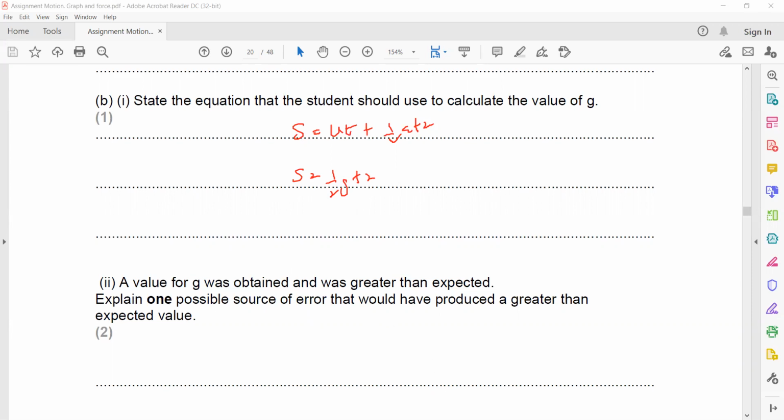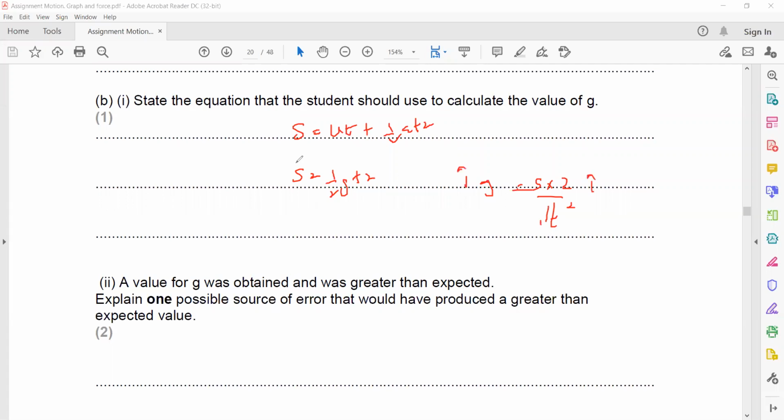One possible source that could lead to a greater value: you can see that s = ½gt², or g = 2s/t². So if we measure a greater distance, we'll get a higher value.